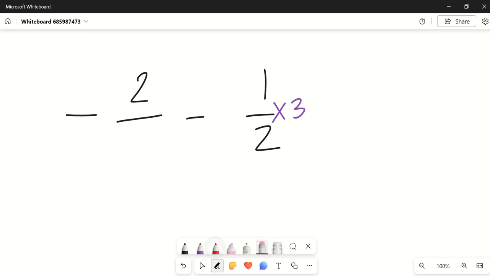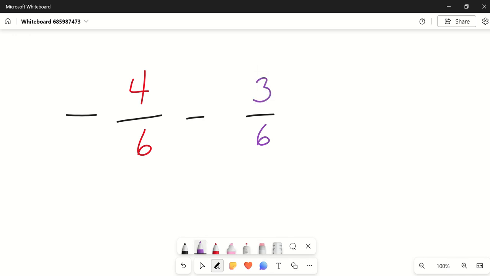3 times 2 will be 6, and 2 times 2 will be 4. So my fraction becomes negative 4/6. On this side, 2 times 3 will become 6, and 1 times 3 will become 3.